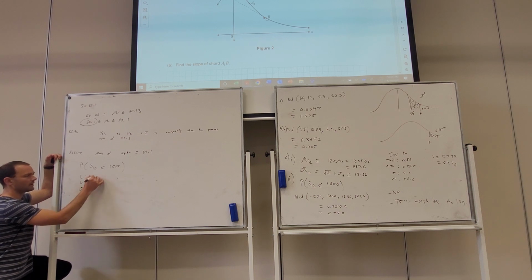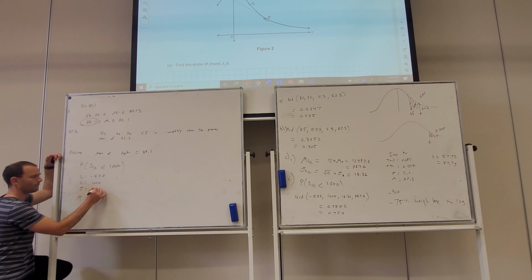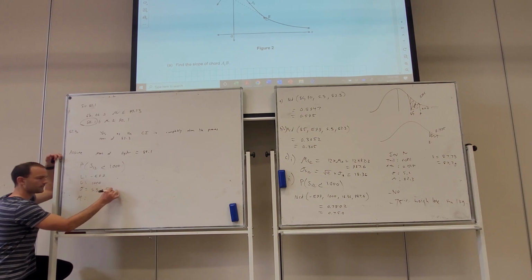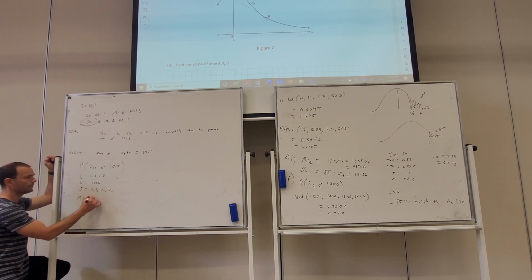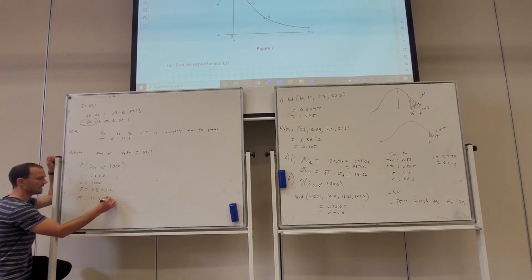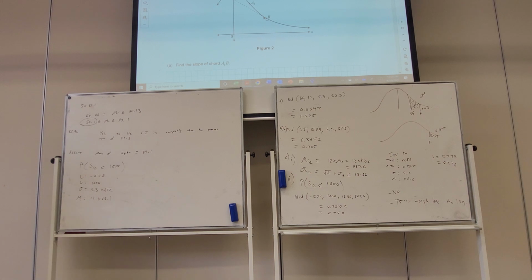The lower boundary is minus infinity, the upper boundary 1,000, the standard deviation is 5.3 times the square root of 12. We're talking about the variable S12, and the mean is 12 times 88.1. I've written all that out, and that's what I'm going to put in my calculator to test it.